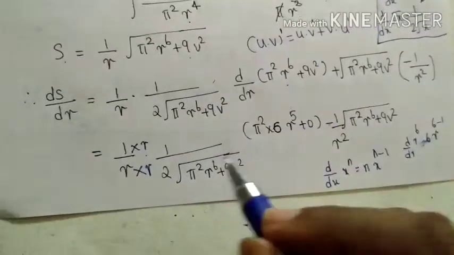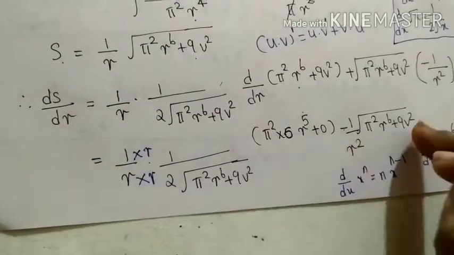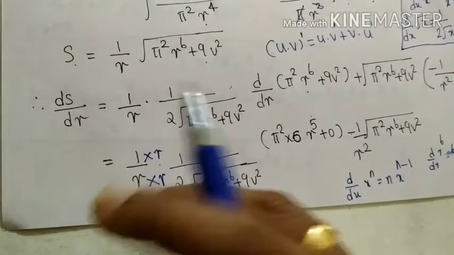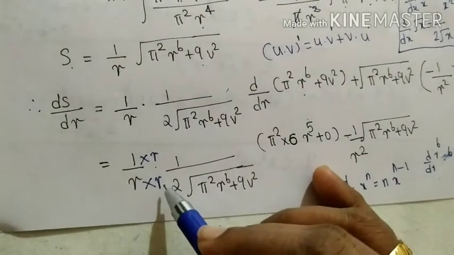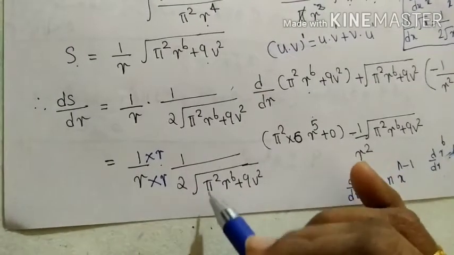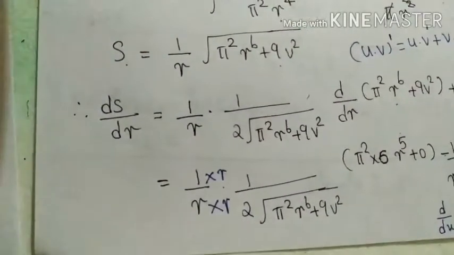So here 1 by R square is common in both terms. So taking outside, we get 1 by R square into R divided by 2 root of pi square.